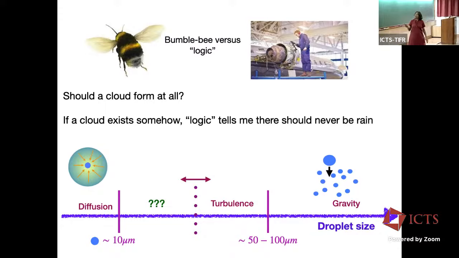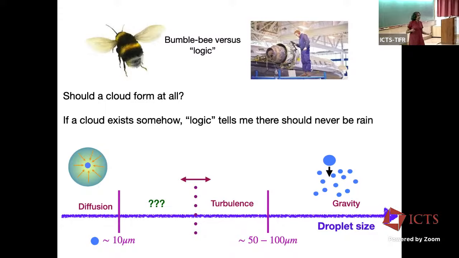All logic tells you that a bumblebee cannot fly, and this is now a competition between logic and the bumblebee. And who wins? The bumblebee, right? It's able to fly because it didn't know about this logic. So that's bumblebee logic.